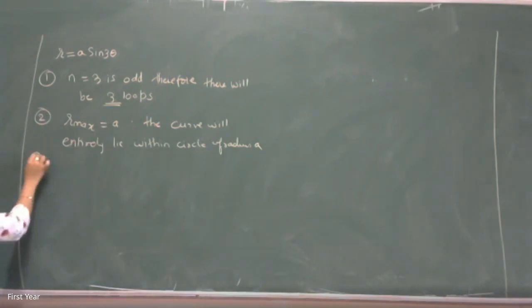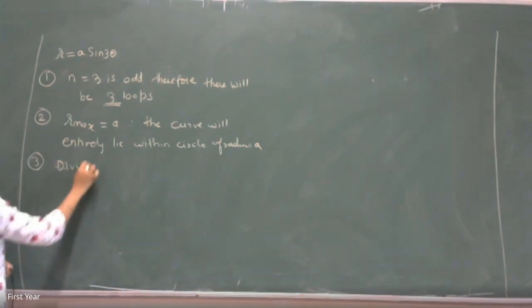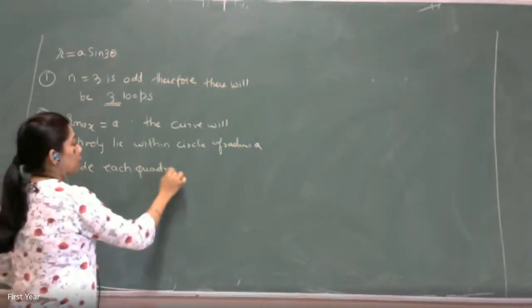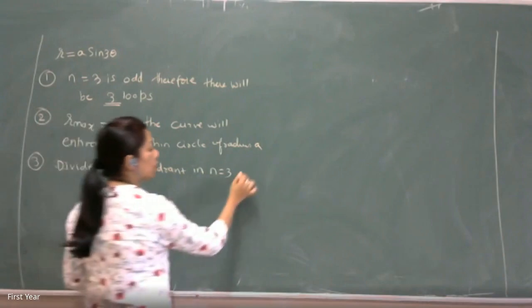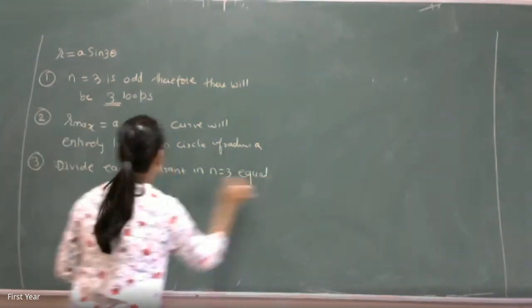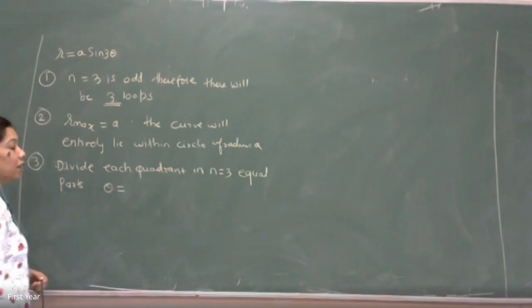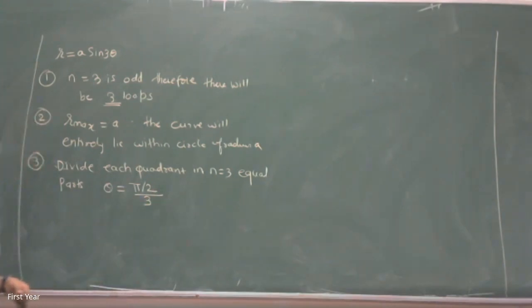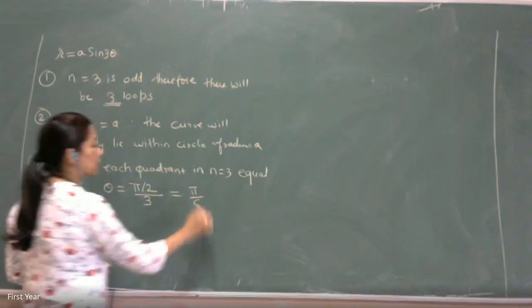Then the third point. We divide each quadrant into n equal parts. So n is 3 now, 3 equal parts. How do we get that equal angle? Any quadrant, pi by 2 divided by n, that is pi by 2 divided by 3, that is pi by 6.